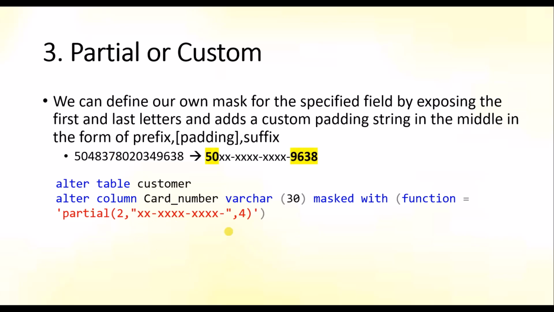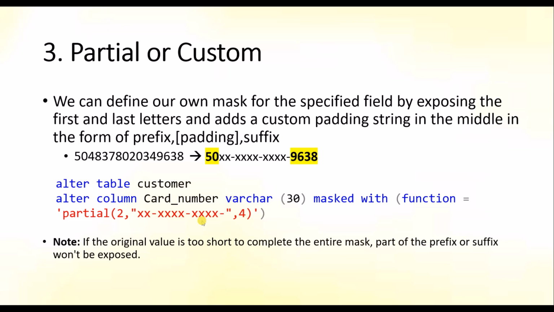And if the original value is too short to complete the entire mask, part of the prefix or suffix won't be exposed. Suppose you have a small value in the row, like a short name, then there is no sufficient prefix or suffix to hide the characters. So in this case, the entire string will be masked. Okay, let's see a demo.